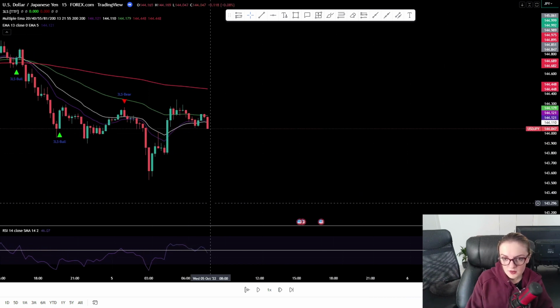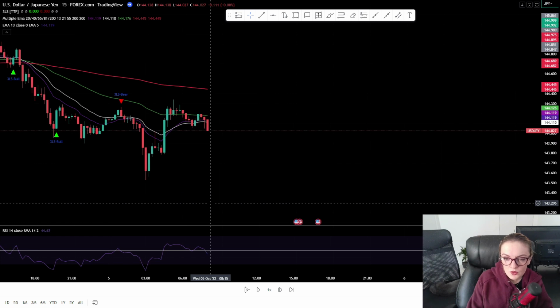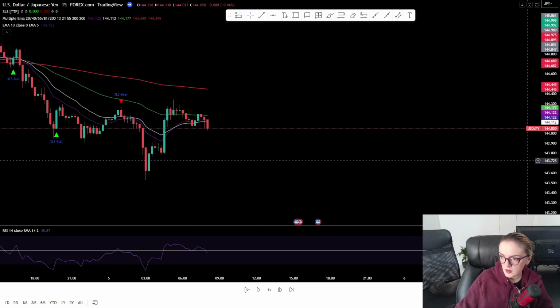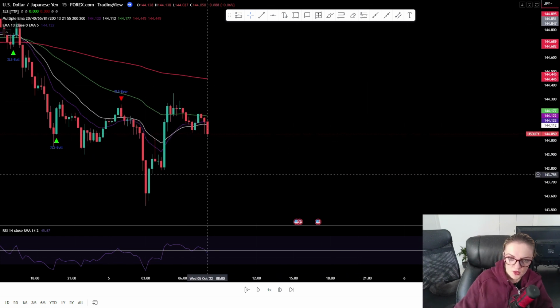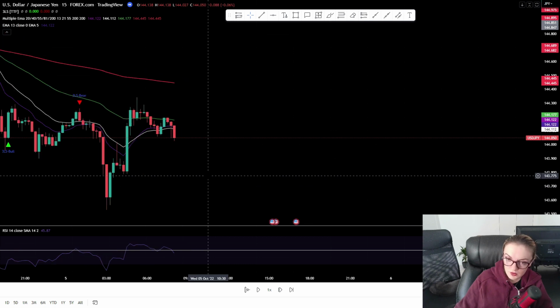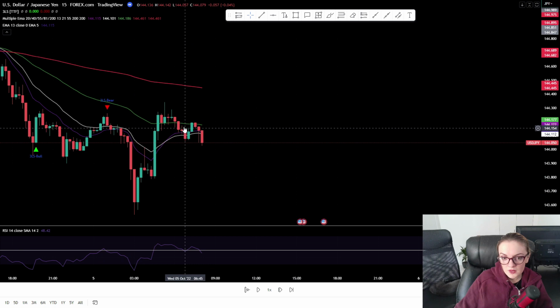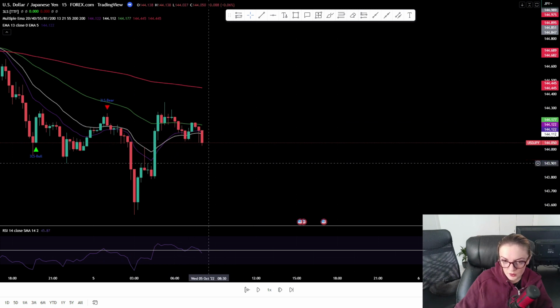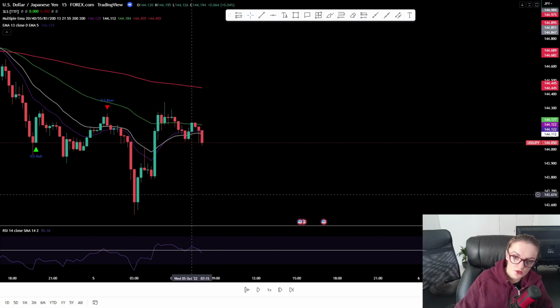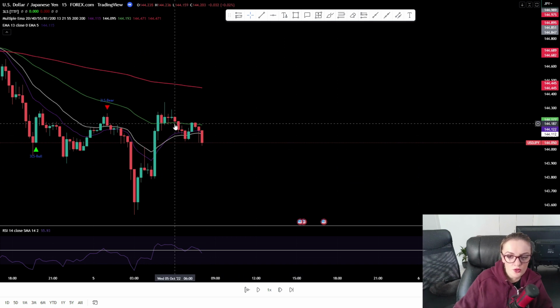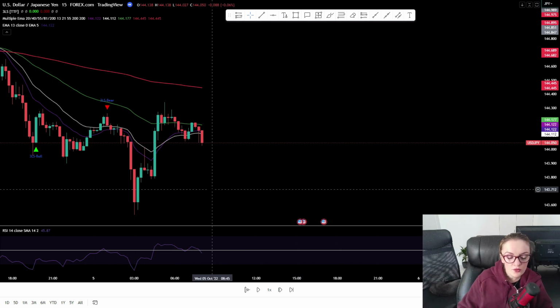Okay, it's 8 in the morning, and what we have here is something you might consider an entry, but I am not going to consider it, because I don't like that the smaller EMAs are really crooked. The 13 EMA has crossed above the 21. Also, the 55 EMA is already really close to the smaller EMAs.